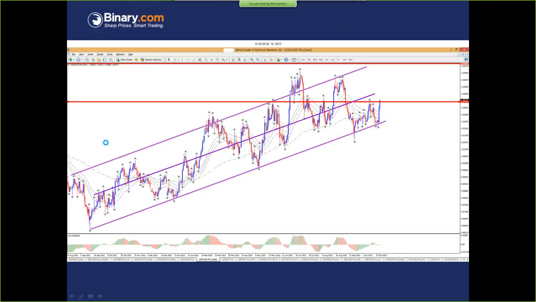Here's an example, finally, sorry about that, it took a bit long, of dollar CAD daily. We have an uptrend channel on the dollar CAD daily, and of course, it all depends what type of trader you are. If you're a trend trader, once price gets back to the bottoms here, those are opportunities, in fact.